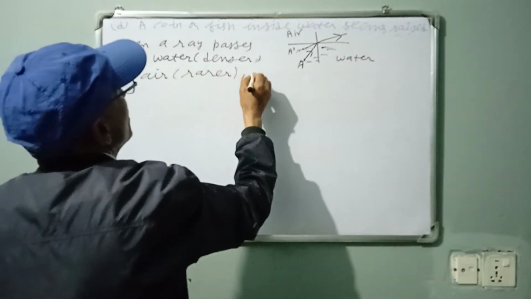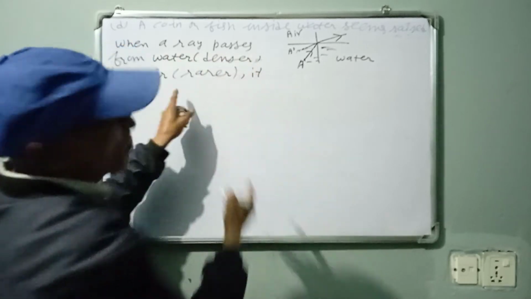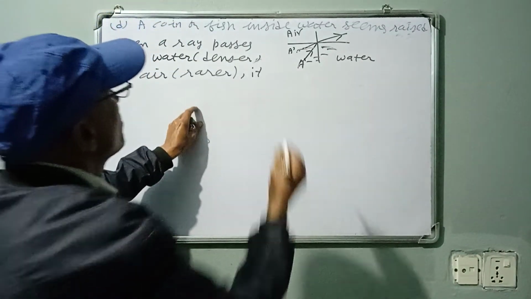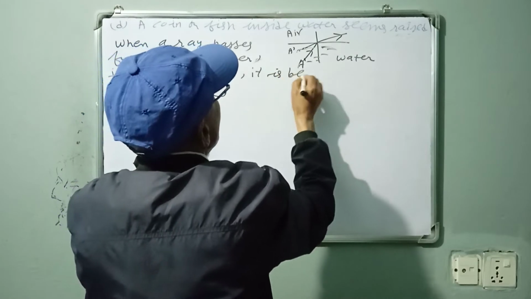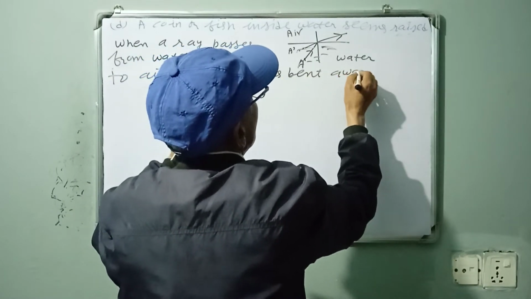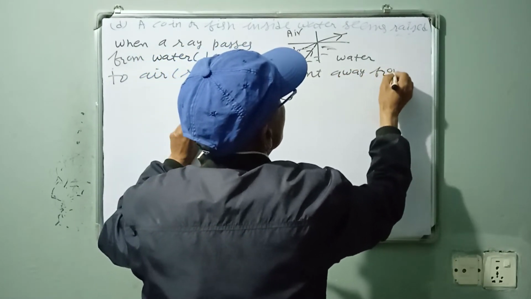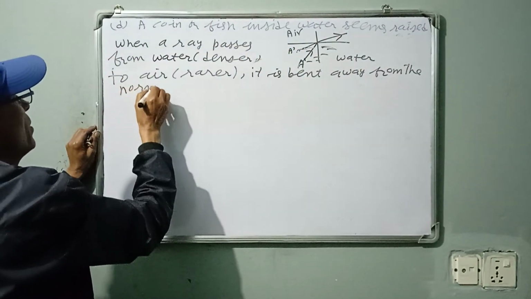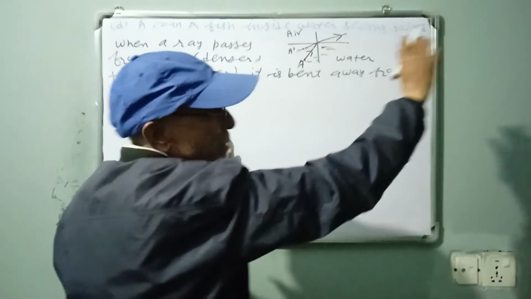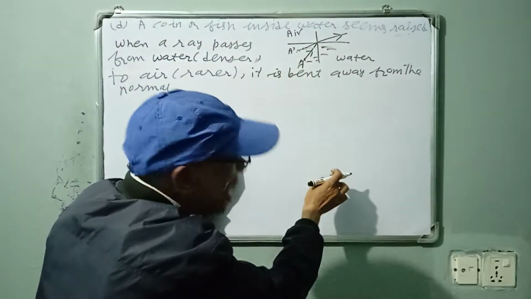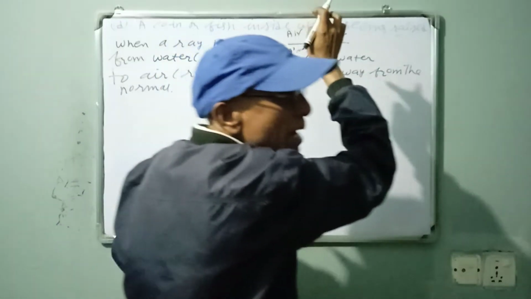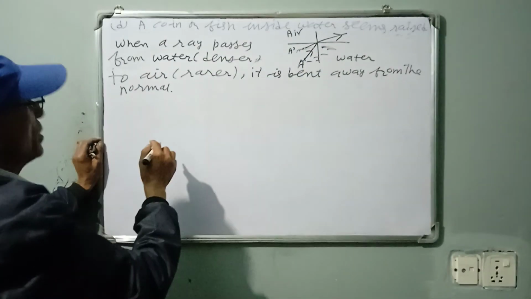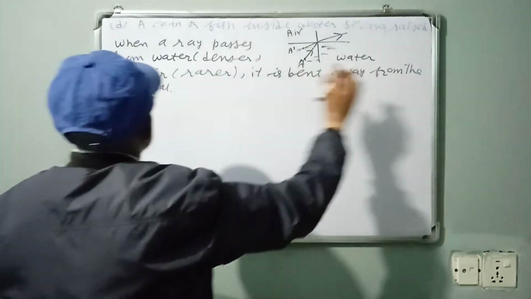What happens? When a ray passes from a denser medium to a rarer medium, it is bent away from the normal. Bent away हुँदा टाढा जाँदाखेरि तलबाट आइरहेको लाइट अलिकति माथिबाट आइरहेको जस्तो अनुभव हुन्छ. It is bent away from the normal.